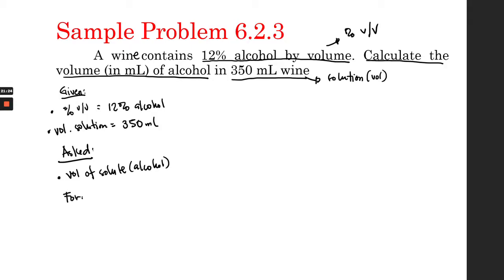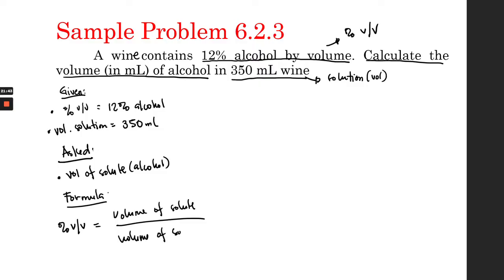So how do we do that? We just have to rearrange our equation. We know that percent by volume is equal to the volume of solute divided by the volume of solution, multiplied by 100.